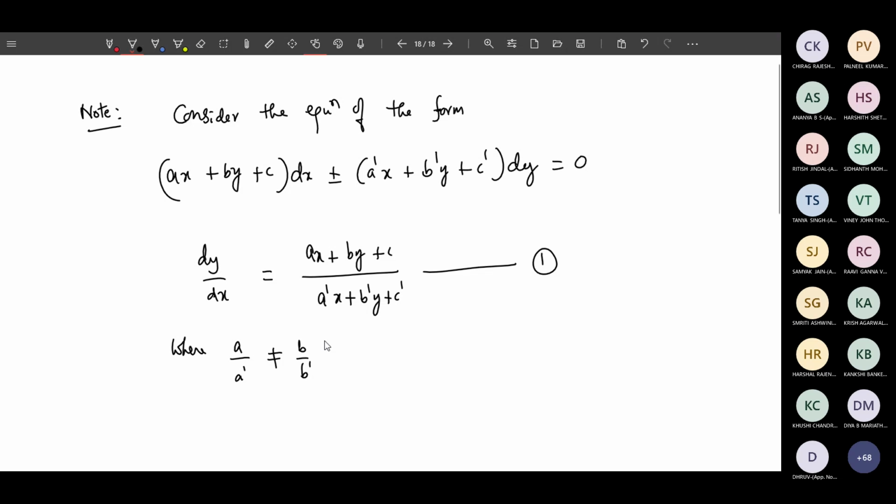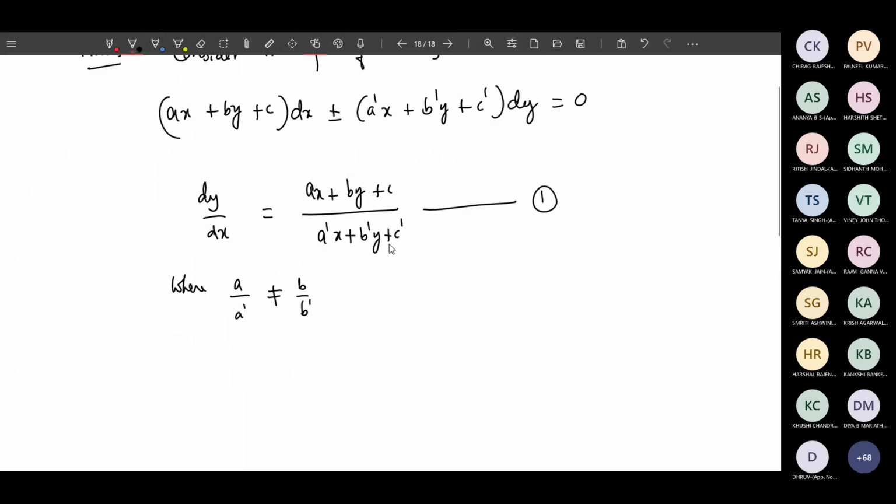So this means a by a dash is never equal to b by b dash. There are no common factors for x and y in terms of numerator and the denominator. So that is the condition.